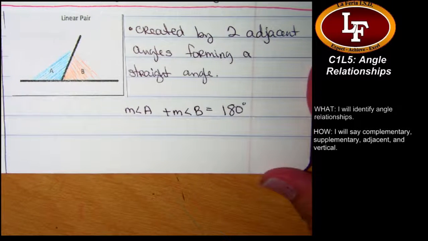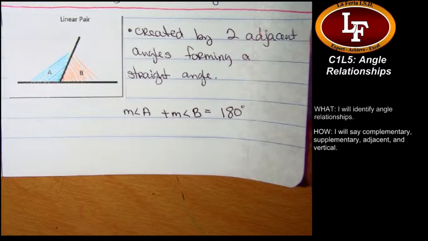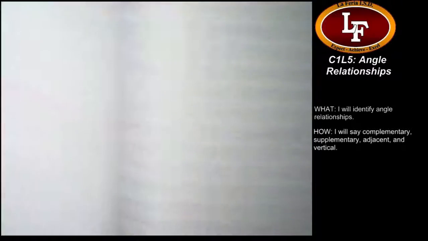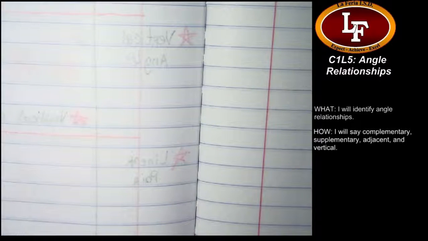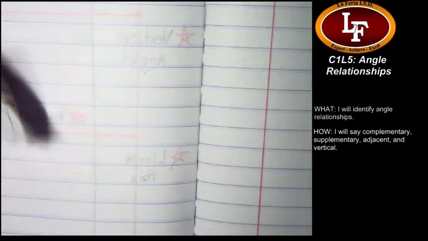Questions on linear pair? All right. I'm out of room. If you have at least 4 lines or more on your page, you can continue. I need to switch pages, though. Find the graphic that looks like this one.